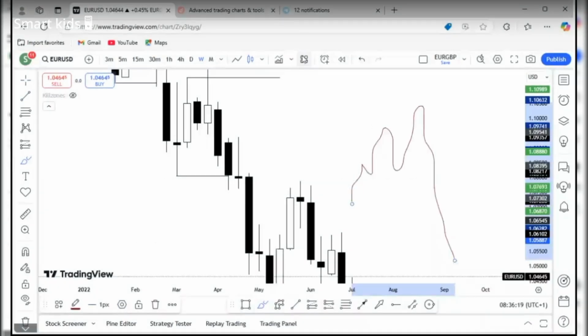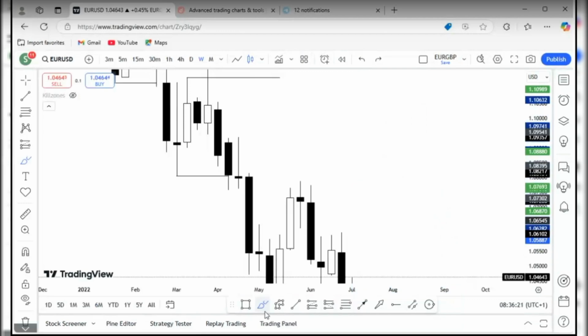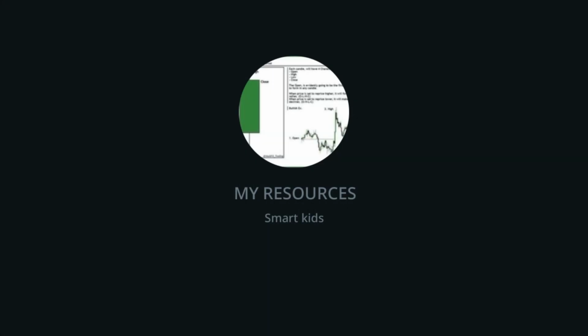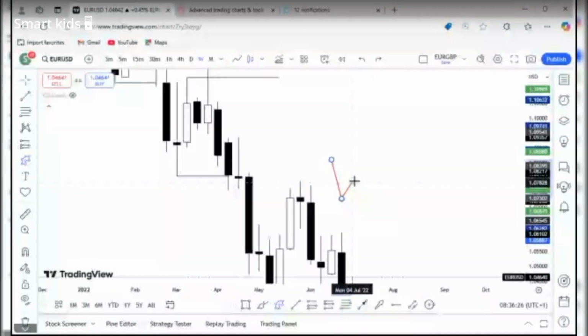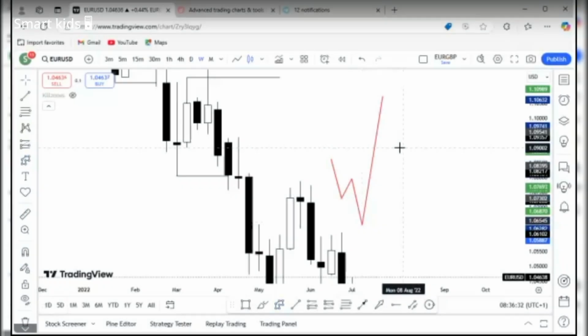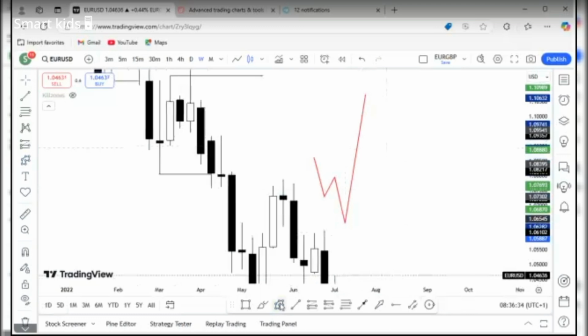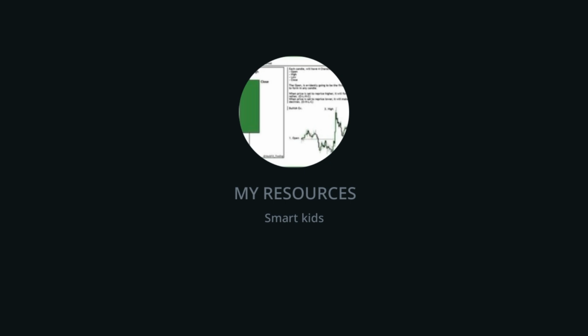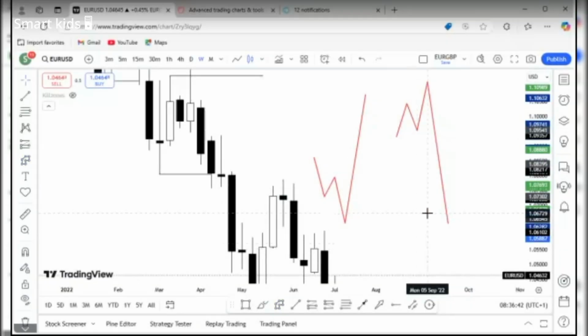If we are going to be bullish, you want to see price take out previous weekly lows and we go bullish. If I'm going to be bearish, price comes to either take out the previous highs and we go to the lows.